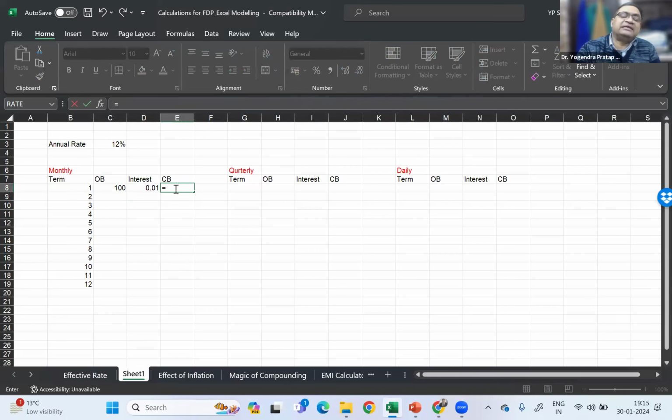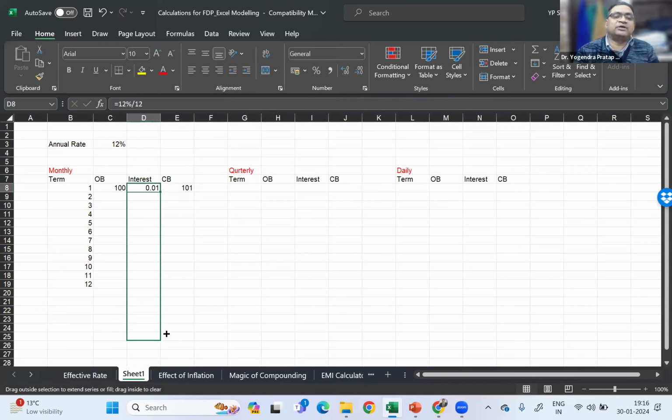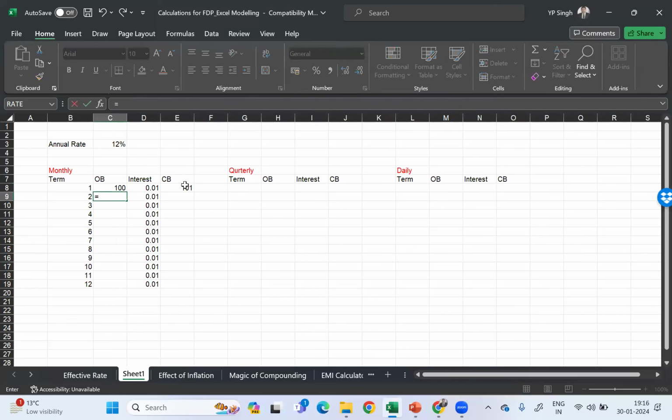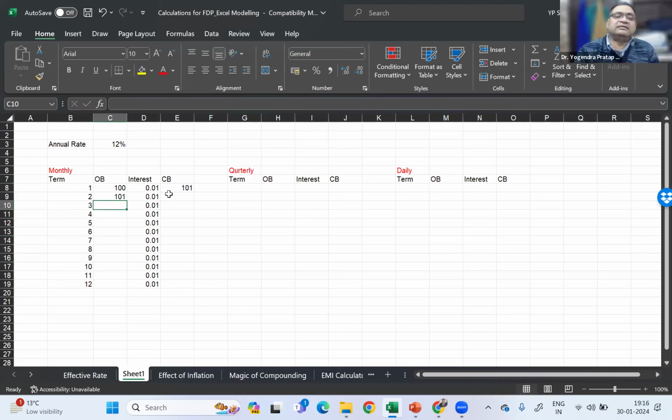And your closing balance at the end of the first term, meaning the first month, becomes this multiplied by 1 plus this one. Then you drag it to the 12th, and then you will find the result.